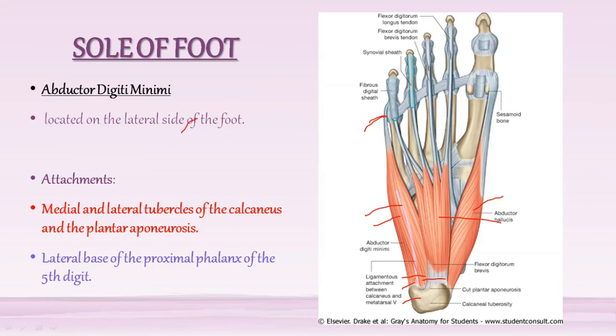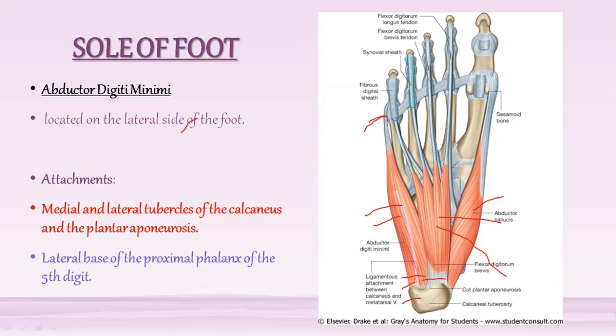The second muscle, present in the center, is flexor digitorum brevis. This muscle again arises from the medial tubercle, and it is inserted on the middle phalanx of the lateral four digits.